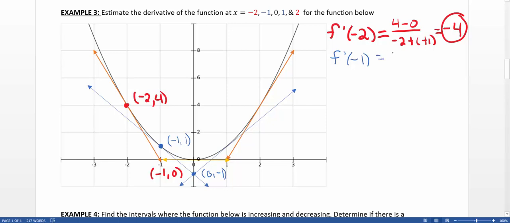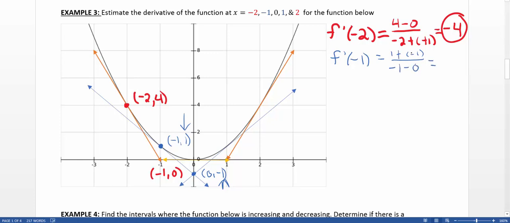So the change in y, I'm going to do 1 minus -1. Right? So those are my y values. There's my 1. There's my -1. Now the change in x is going to be -1 minus 0.